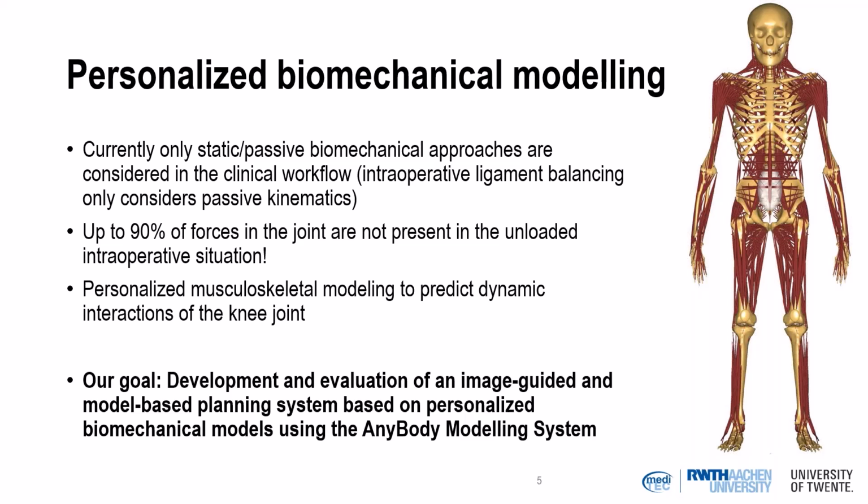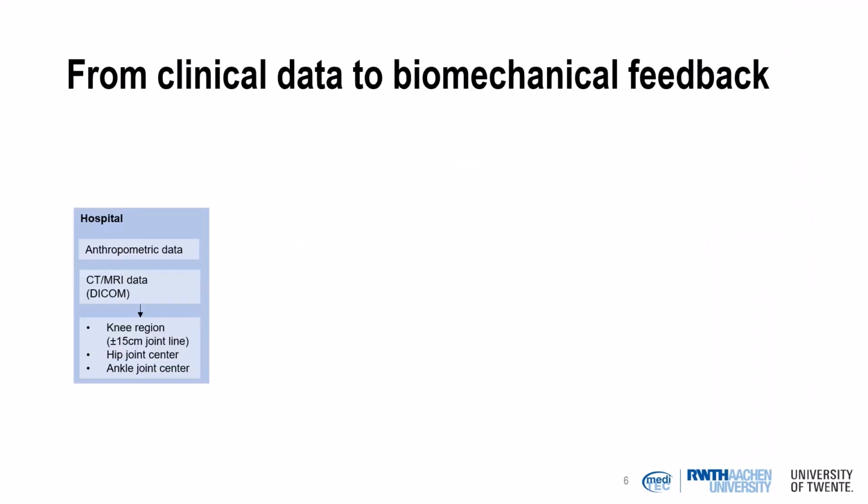So the aim was to develop and evaluate an image-guided and model-based planning system based on personalized biomechanical models using the AnyBody modeling system. So what could be a general pipeline from clinical data to an actual biomechanical feedback? Typically in the hospital, a number of data is acquired. For example, anthropometric data, so this can be height, weight, or sex, and also medical images are taken, nowadays often a CT or an MRI.